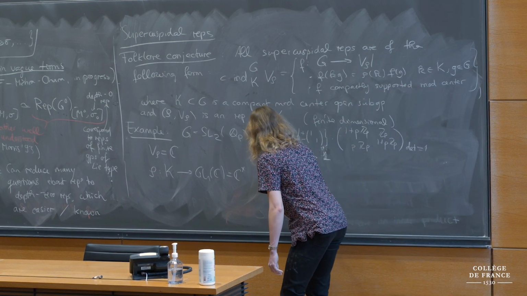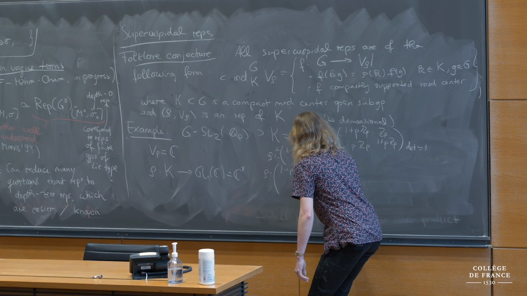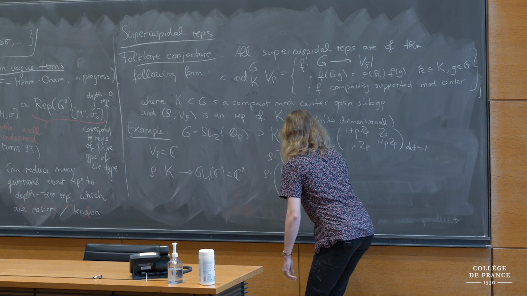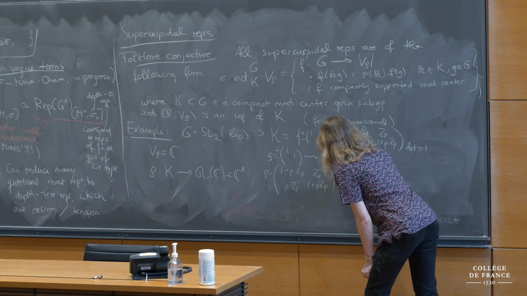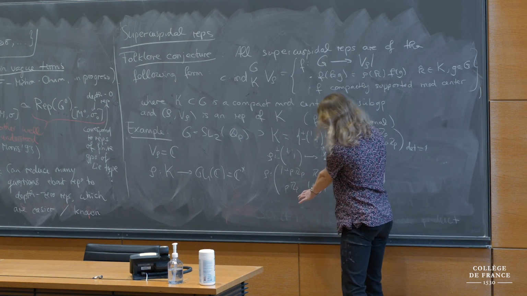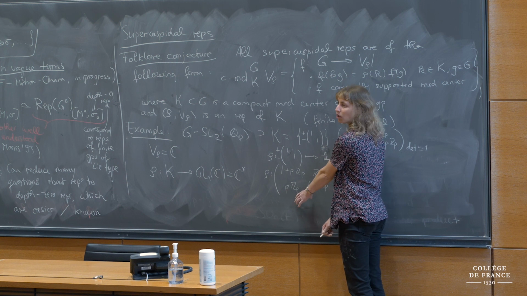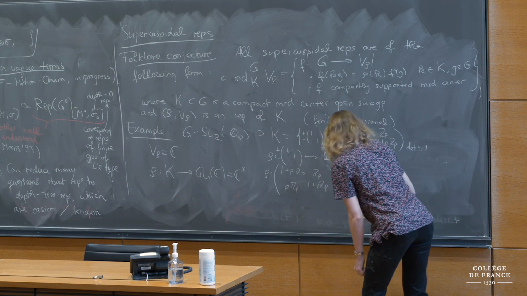More interesting is what rho does to this matrix with 1 plus pZ_p on the diagonal and pZ_p and Z_p off diagonal. This is some nice compact subgroup, and I want a smooth representation. So it has to be trivial on a smaller compact subgroup, and I just force it to be trivial on a rather large, smaller subgroup.